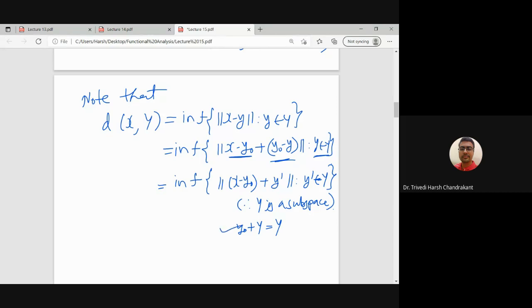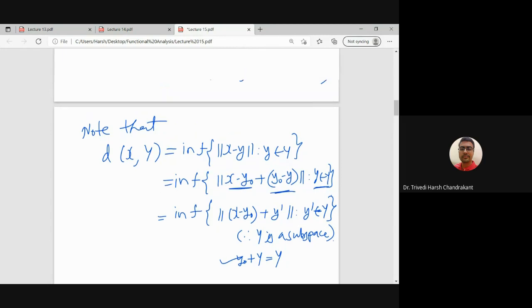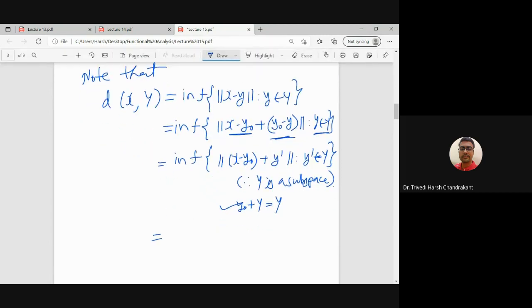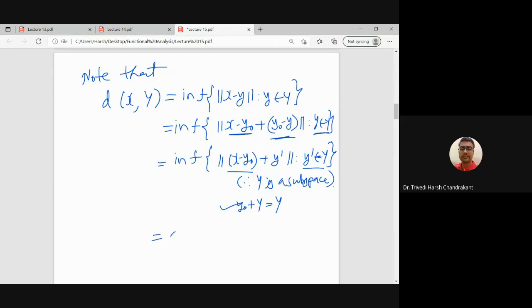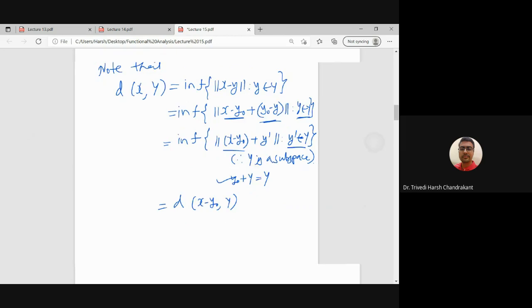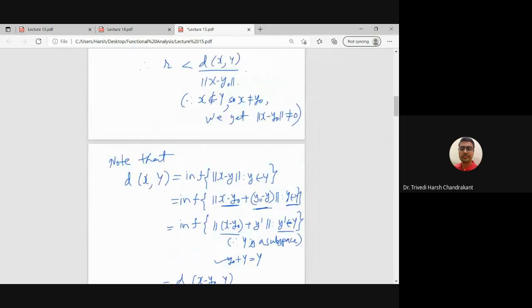So what is the last quantity? The last quantity is the infimum of this vector with y, and that is nothing but the distance of x minus y naught with capital Y. So the distance of x with Y is the distance of x minus y naught with Y. So let us substitute this here.